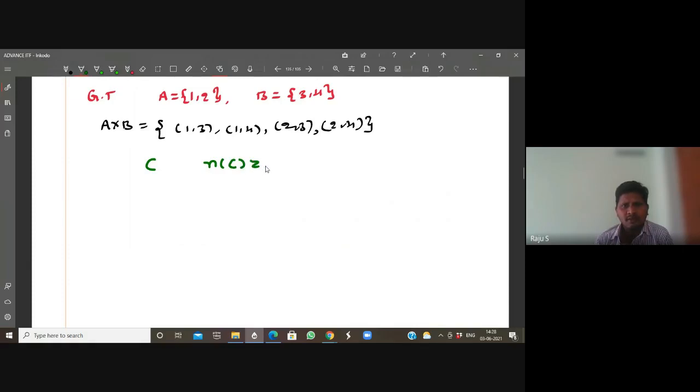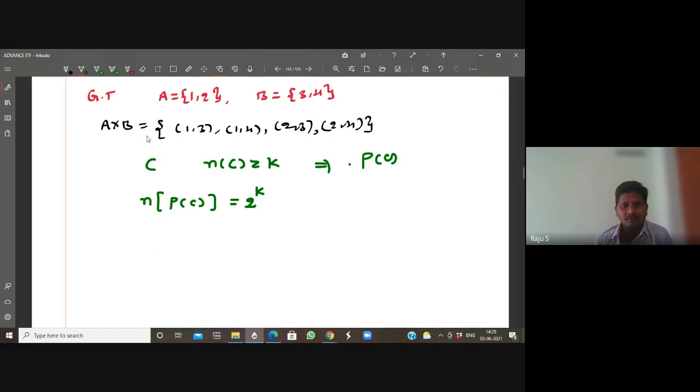The number of elements in capital C is equal to k, which implies the number of subsets, the set of all subsets, is given by the power set of C. So the number of elements of the power set of C is given by 2 power k.